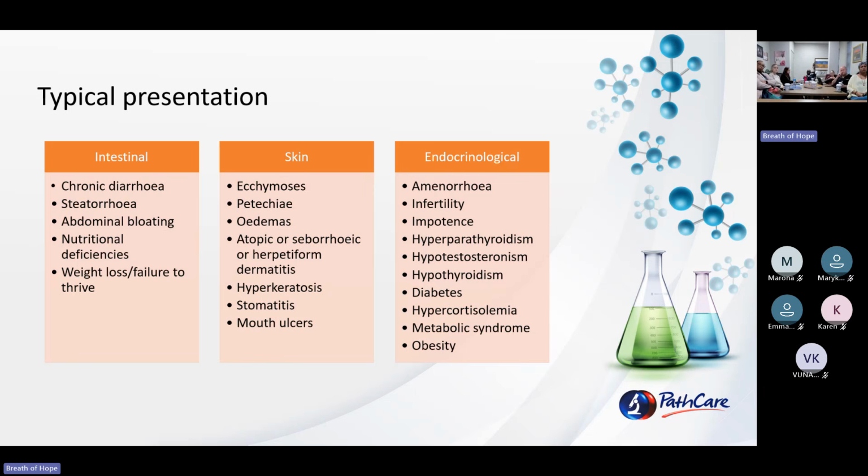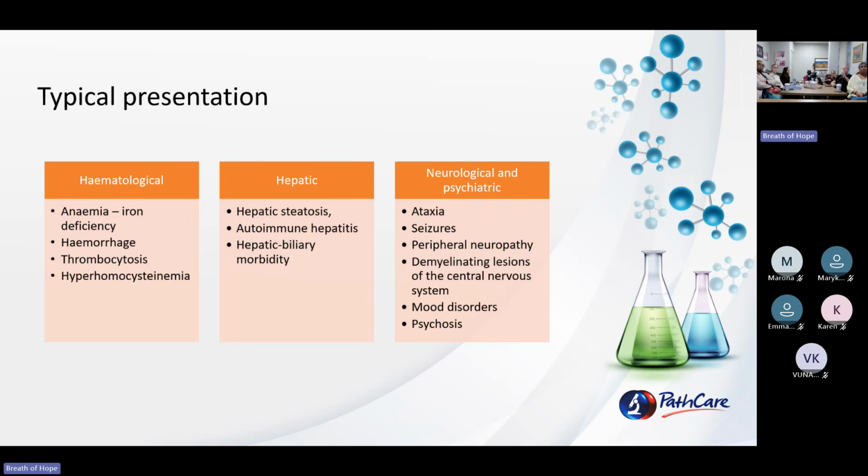conditions also. And then hematological, most commonly being your iron deficiency anemia. And you can also get hemorrhage from your damage to your intestinal mucosa. Hepatic-wise, hepatic steatosis, autoimmune hepatitis, and neurological and psychiatric.